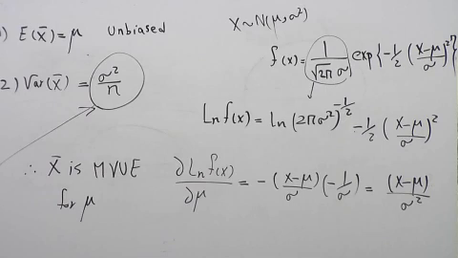Okay? So that's somehow important because you want to know what would be the best estimator for this distribution. It's the minimum variance unbiased estimator, so in that case it would be x bar.